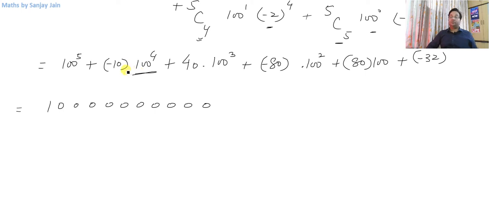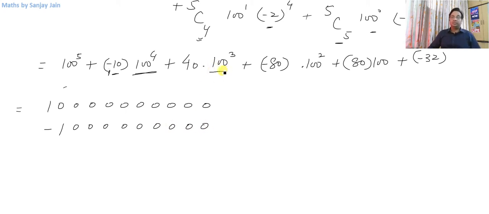So 100 raised to power 4 will have 8 zeros in the end. And when multiplied with 10, it will become 9 zeros. So, you have to subtract it from this because this is a minus sign. So I'll write it here. Minus 1, then 9 zeros.